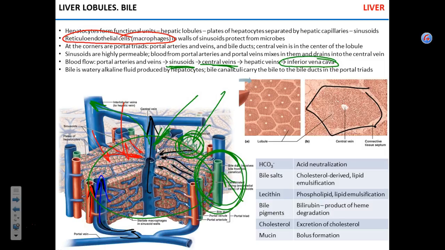But here's the thing. The blood that will leave the liver will have all the proper nutrients. Does that make sense? So liver will make sure that you have the right amount of glucose, right amount of fats, right amount of proteins, and these nutrients will be delivered everywhere. That make sense? Please understand this idea.